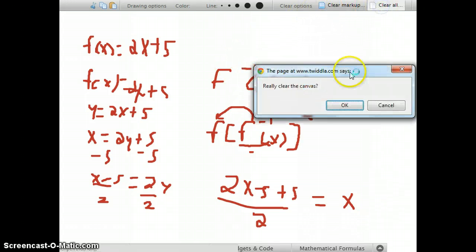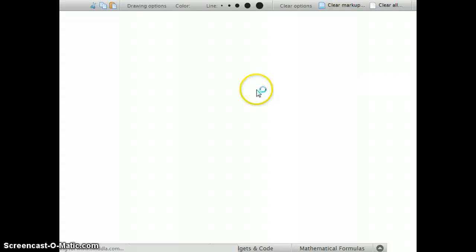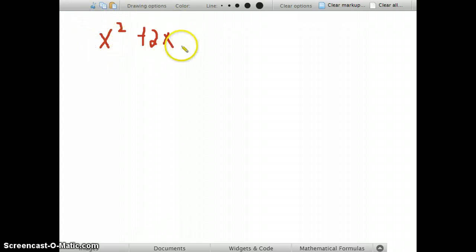And let's do another problem. If I have x squared plus 2x, this is a quadratic. So you tell me, is it going to be a one-to-one function or many-to-one?